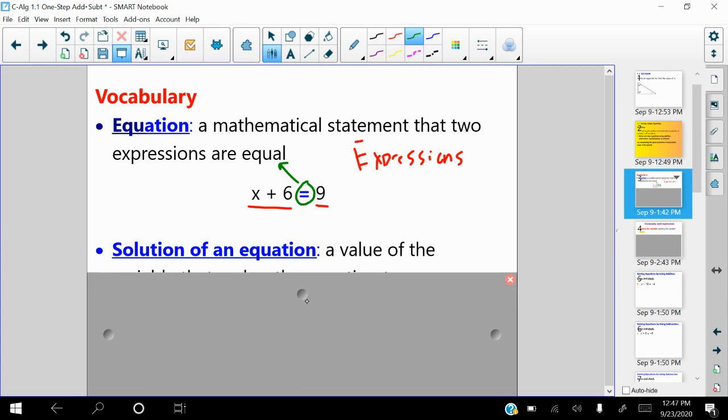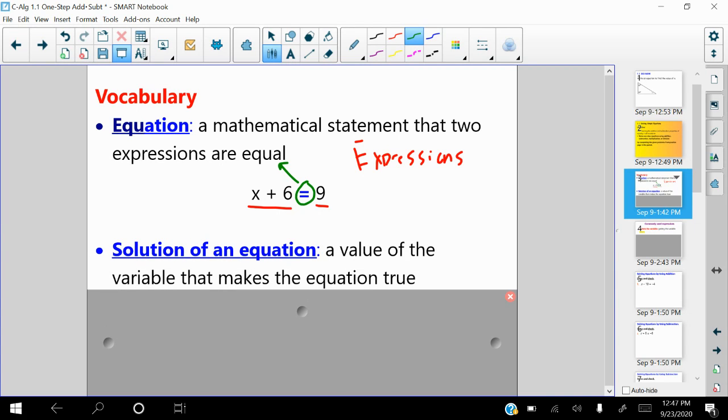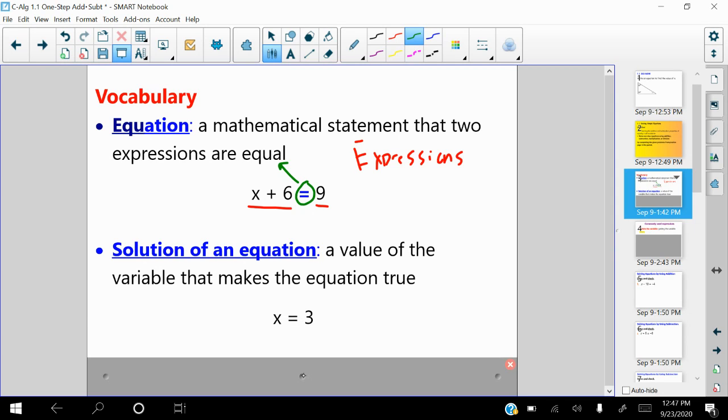We also are going to be talking about the solution of an equation, and it's the value of the variable that makes that equation true. Technically, we can just say x can be 20, x can be 5, x can be negative 42. We can say whatever we want, but when we're trying to find the solution of the equation, it's going to be one value or sometimes two, but we'll talk about that way later in the year. That is going to make the statement true.